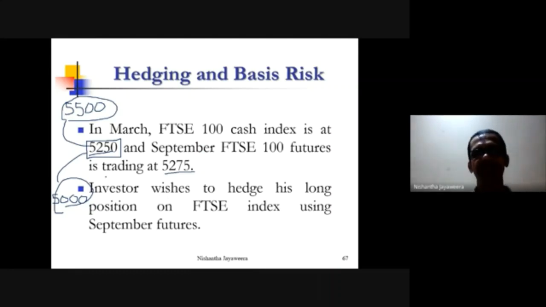But how do you do that? Say your target time horizon is 6 months. So you are now in March. Target time horizon is 6 months, in September. So therefore, since you have a long position, what do you do?